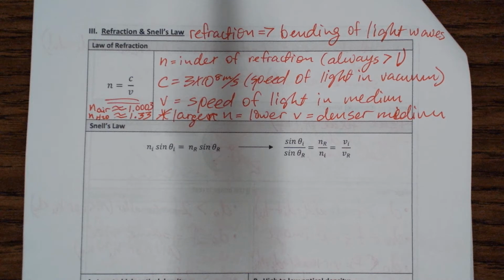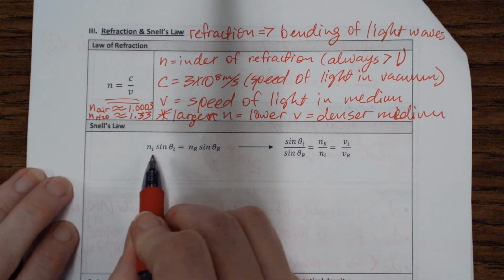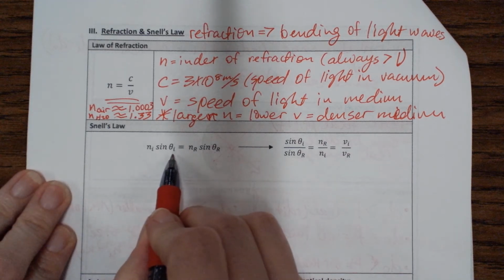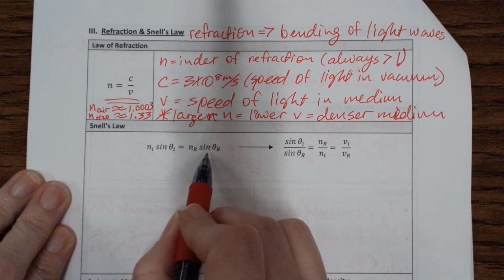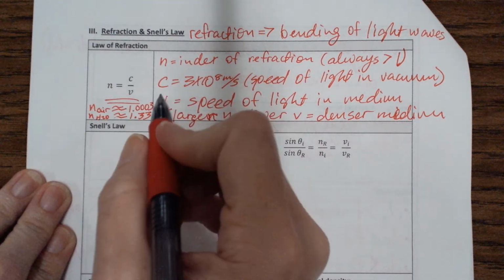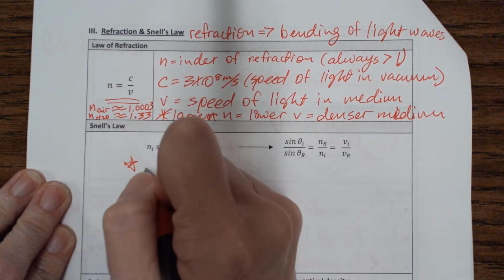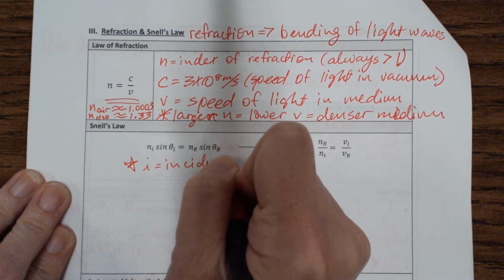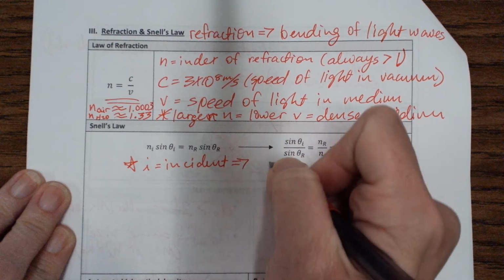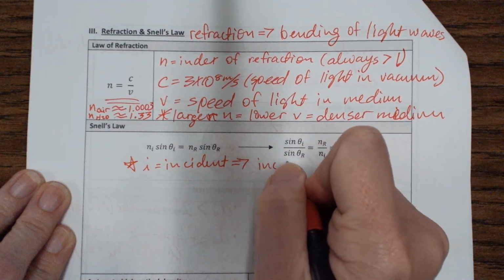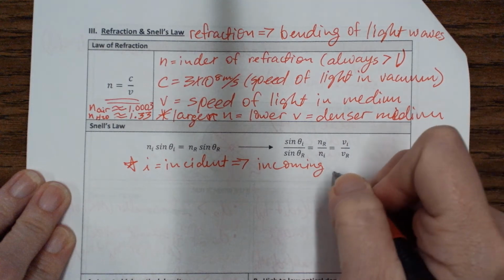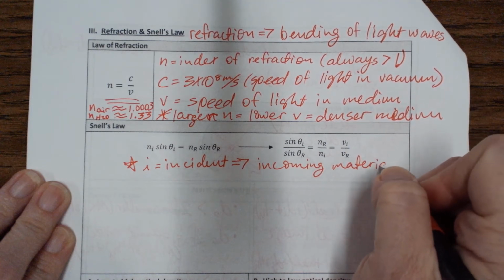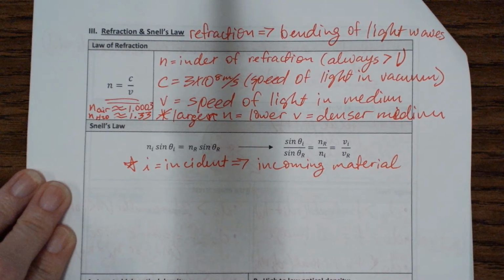So we have this thing called Snell's law: n_i times sine theta_i equals n_r times sine theta_r, where the i is the incident, which means this is the incoming material, so light coming from somewhere.